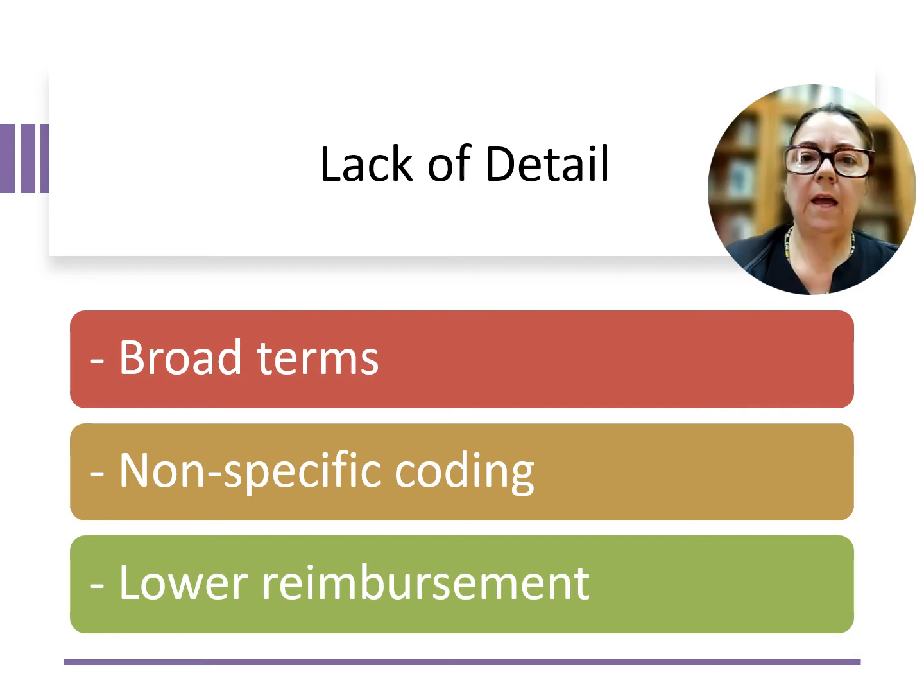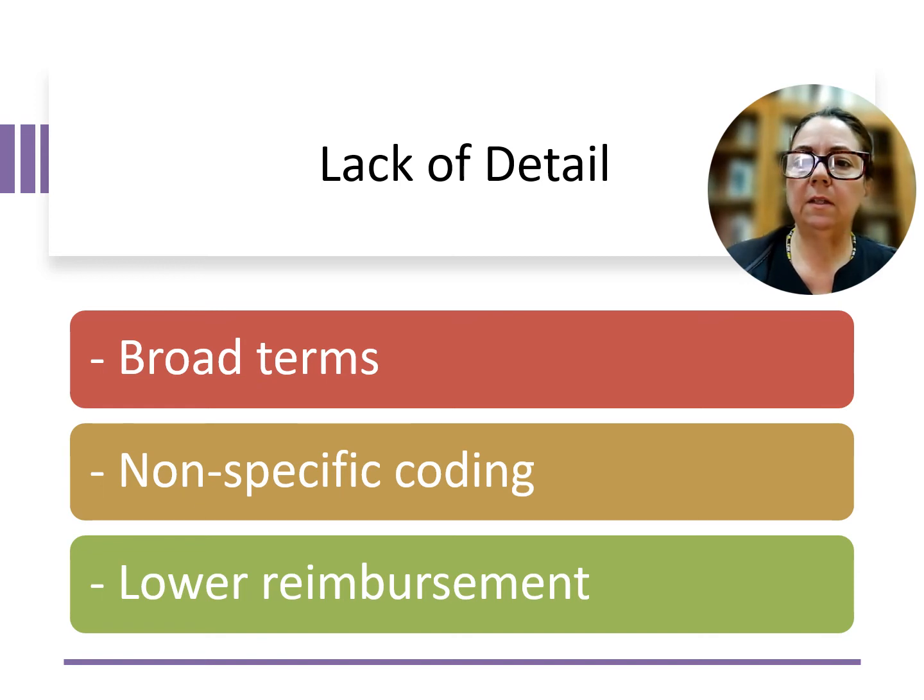And then lack of detail, such as simply stating diabetes without specifying type 1 or type 2 and the control status. Broad terms without additional context fail to convey important nuances about the patient's condition.